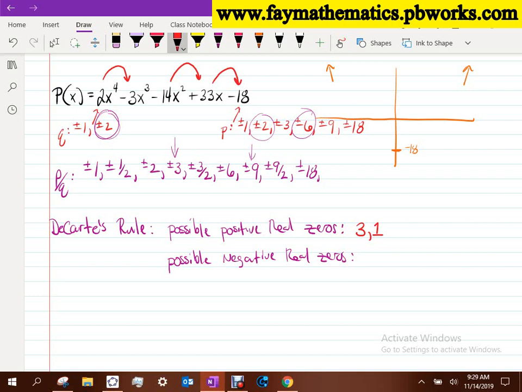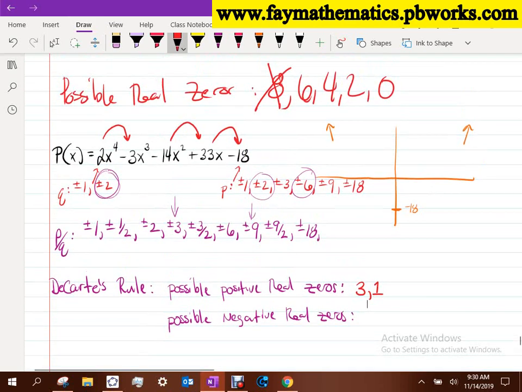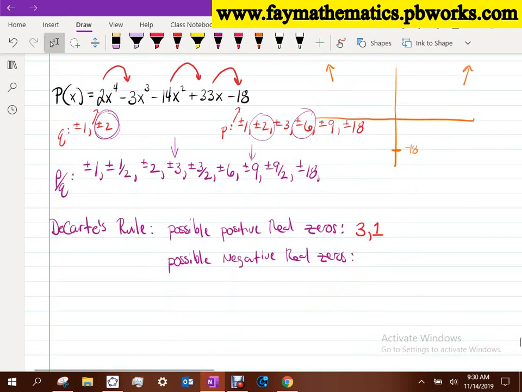And here's what I'm talking about, maybe doing some stuff in your head a little bit. If I want to find P of negative X, negative X to the 4th is positive, so I get 2X to the 4th. Negative X raised to the 3rd is negative, multiplied by the negative out front will be a positive 3X to the 3rd.